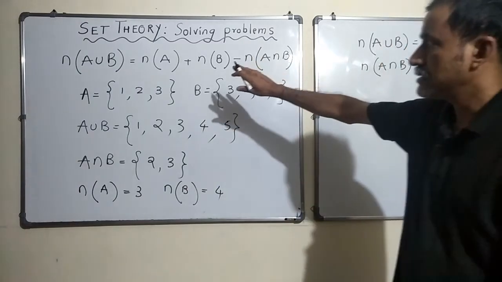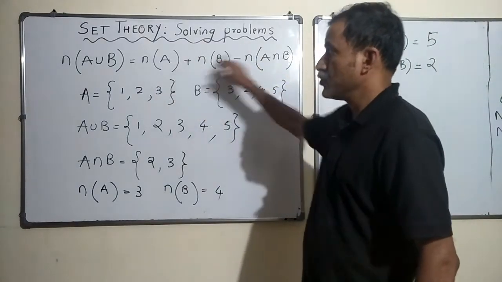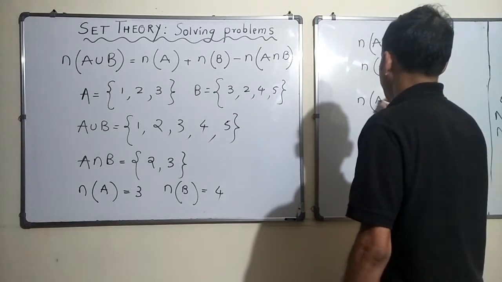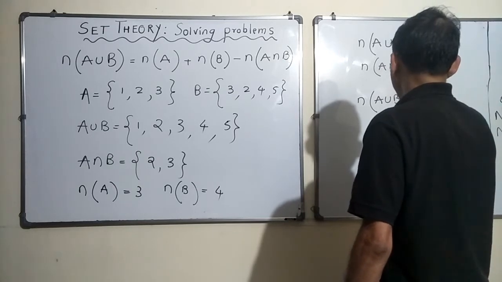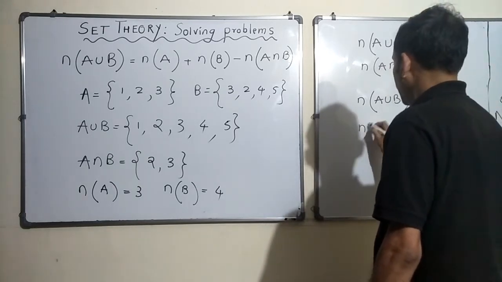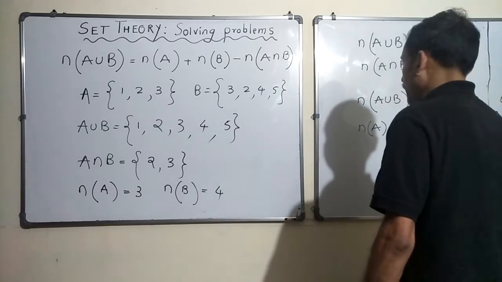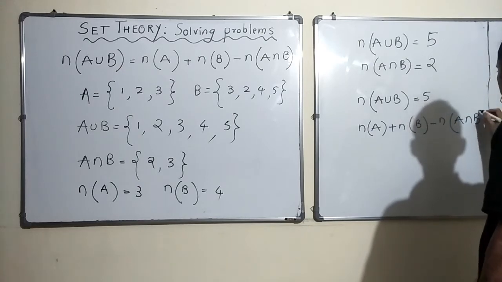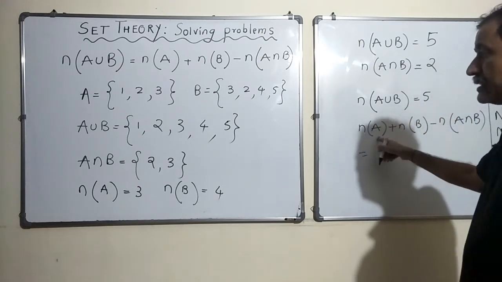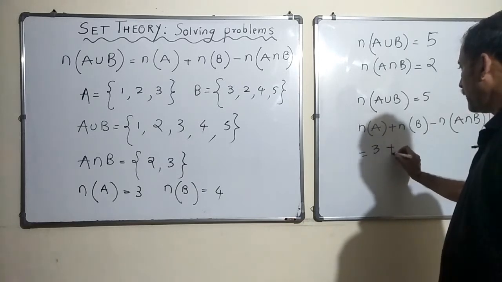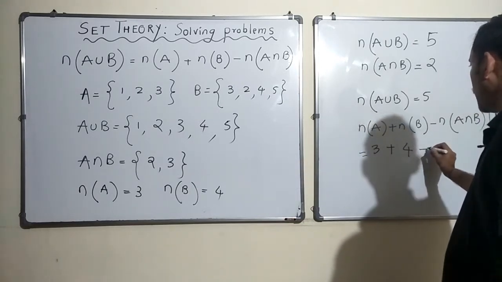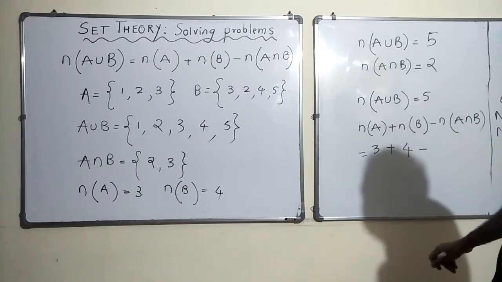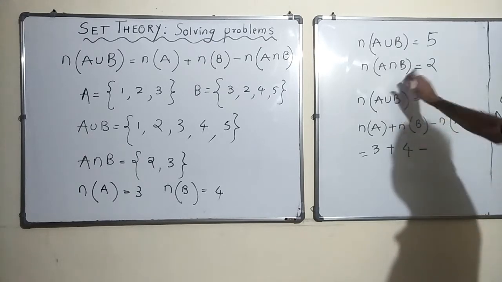So is this true with the example that we have taken? Let us see. The number of elements in A union B is 5. Now, the number of elements in set A plus the number of elements in set B minus the number of elements in A intersection B. Number of elements in set A is 3, number of elements in set B is 4, minus the number of elements in A intersection B, which is 2, right?